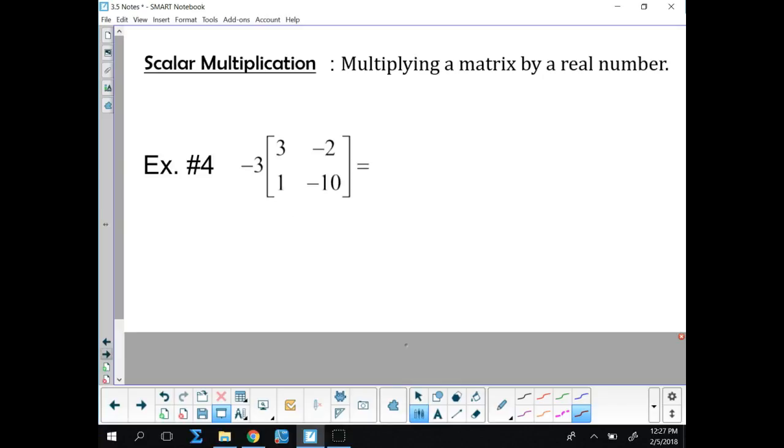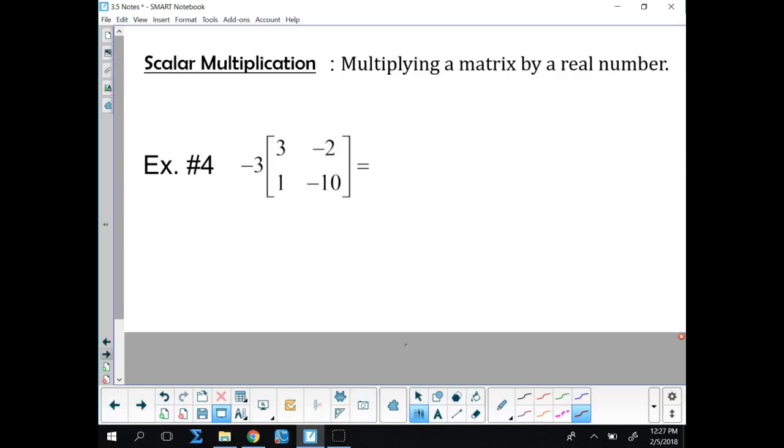The next operation that we are going to learn is something called scalar multiplication. Scalar multiplication is when you take a matrix of any size. This will work on any sized matrix. And you multiply that by a real number.